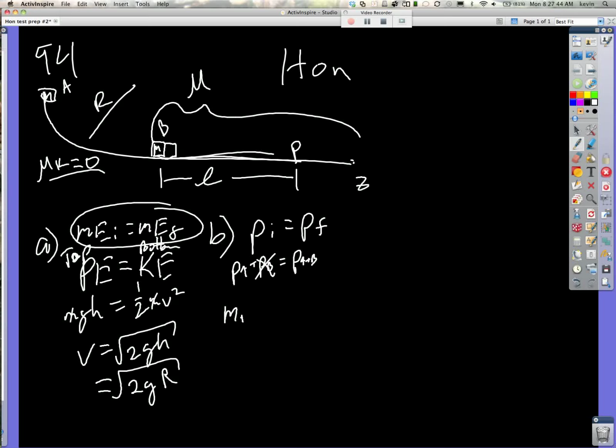Hopefully you remember from the definitions in your book, an inelastic collision conserves what, David? All collisions everywhere, anytime, any place, conserve what?